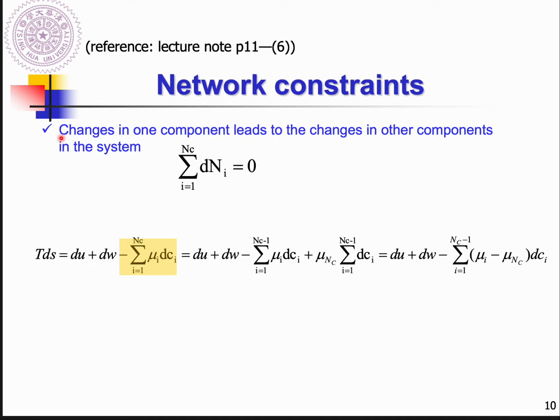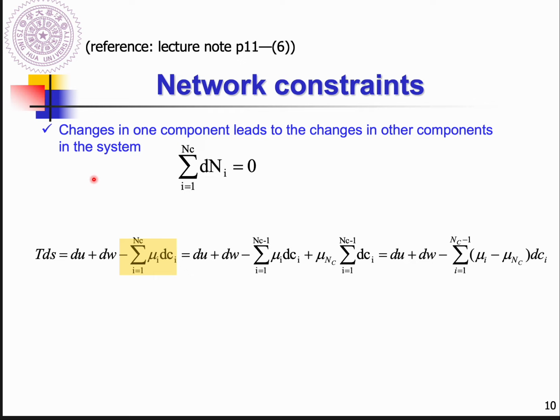This constraint is applied when there are changes in one component that lead to changes in other components in your system. In this case, you can use the network constraint. When you sum over all the components, dNi equals 0, right?